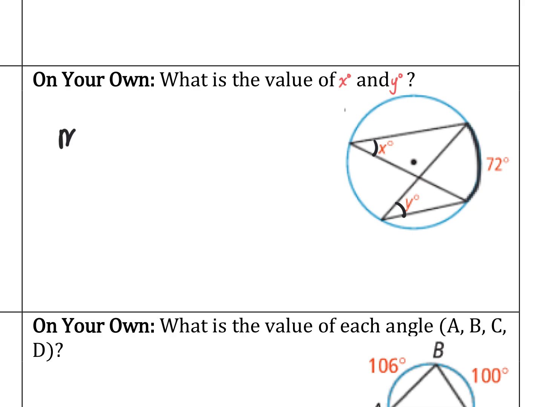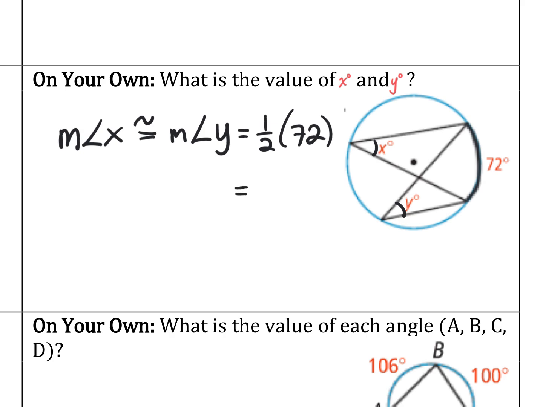Therefore, angle x will be congruent with angle y, which is one half of the intercepted arc, 72. One half of 72 is 36 degrees. So this is 36 degrees, and this is also 36 degrees.